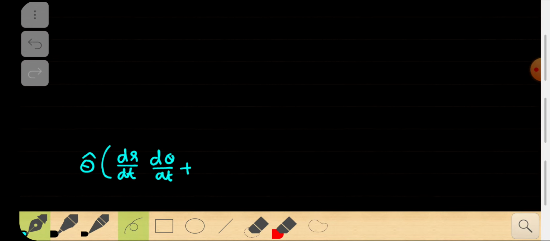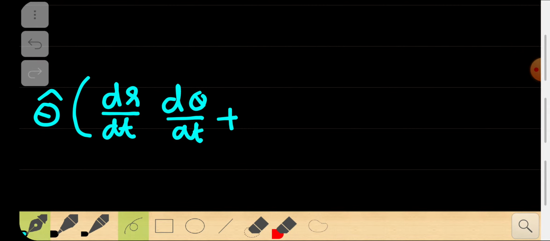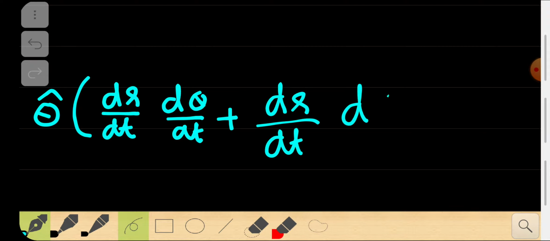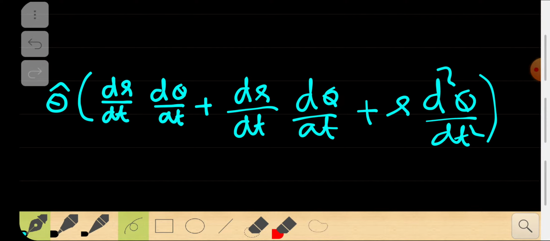Okay, I'm going to write it down with some clarity. So again, 2 times dr/dt times dθ/dt, plus r times d²θ/dt². That's what I have in the θ cap axis.